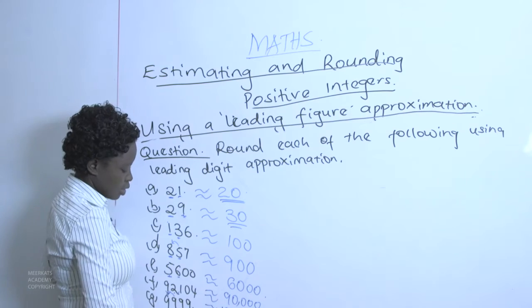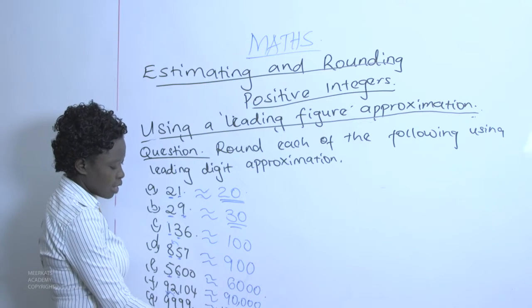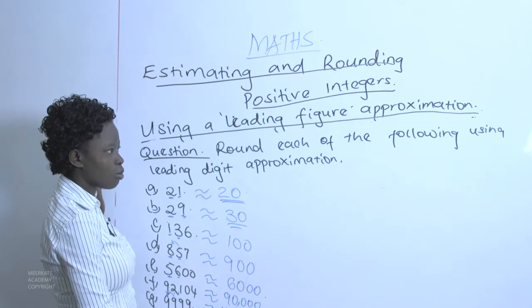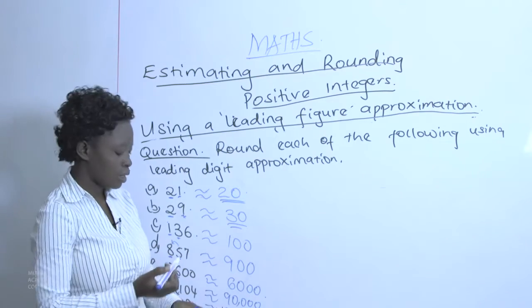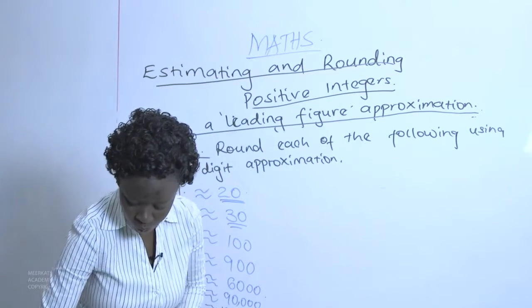So 9,999 is approximately 10,000 using the leading digit approximation.